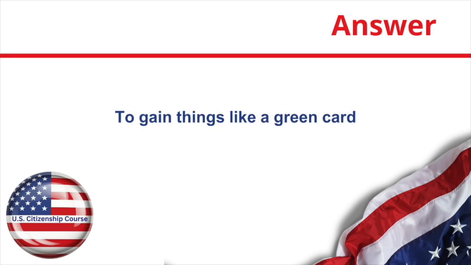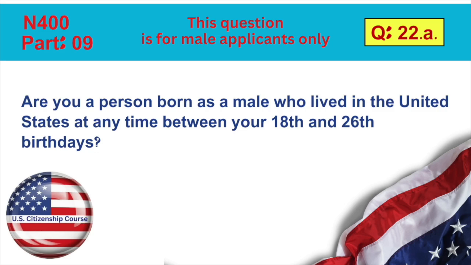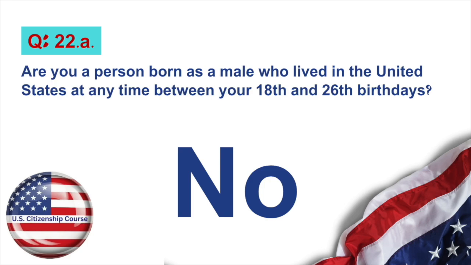To gain things like a green card. Are you a person, born as a male, who lived in the United States at any time between your 18th and 26th birthdays? No.